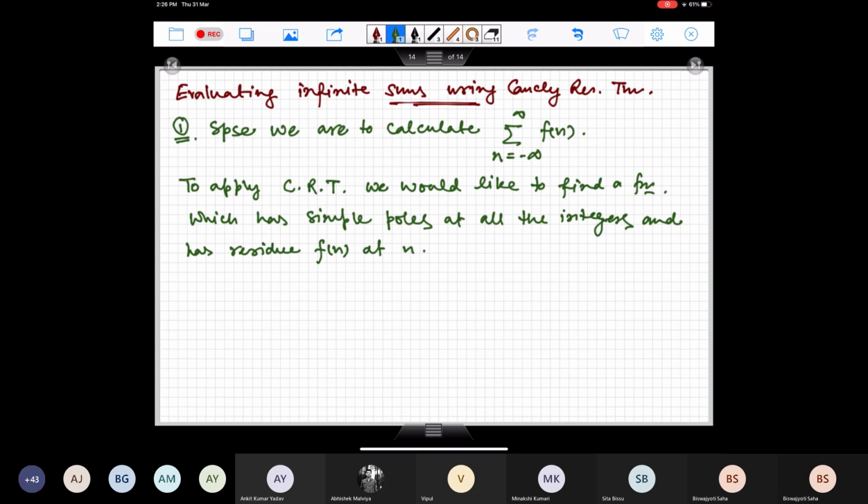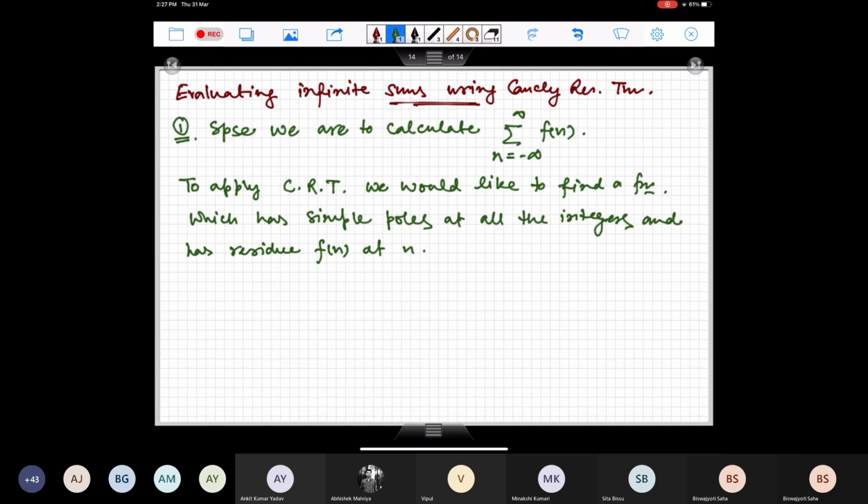Okay, so I hope I have been able to make it clear what I wish to do. Now, if I ask you for a function which has simple poles at all the integers, with residue and all that, we will adjust that later.